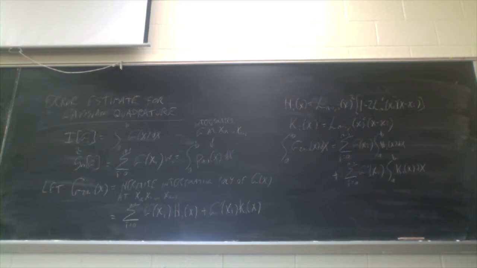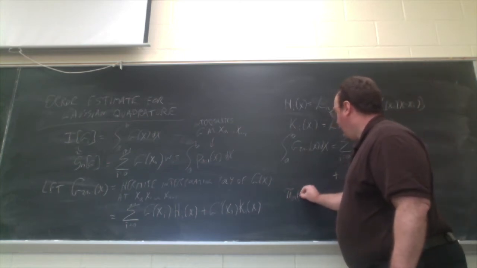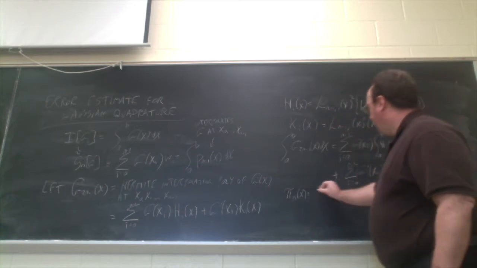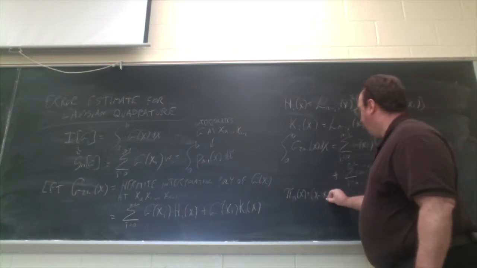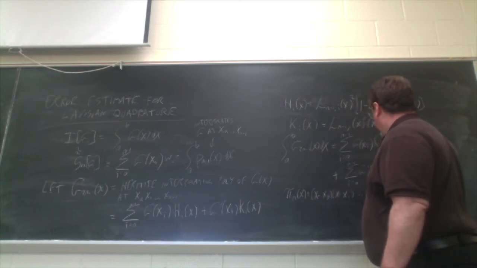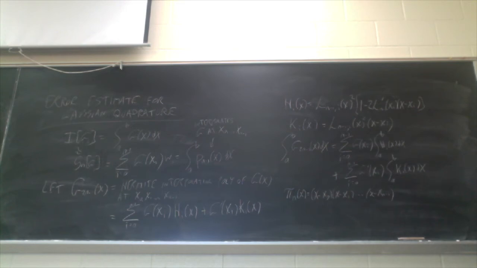Now, another thing I'll need is, and I've used this kind of expression before, pi_n of x is a product of linear factors of x minus each one of the nodes.